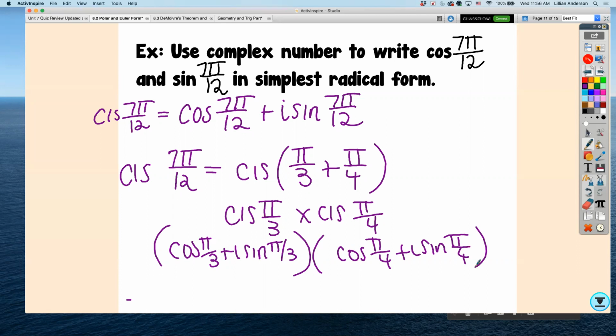I'm trying to get this in the simplest radical form. So at this point, I probably want to find the cosine of pi over 3, sine of pi over 3, cosine pi over 4, sine pi over 4.